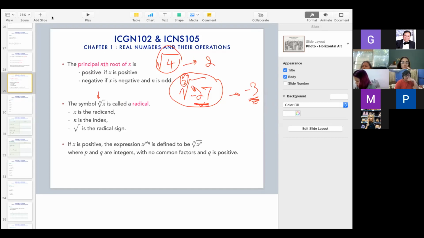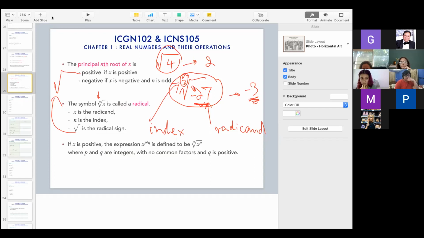The value inside is called the radicand, and in this example 3 is the index. The root symbol here is called the radical sign, or nicknamed the root; the formal name is radical.